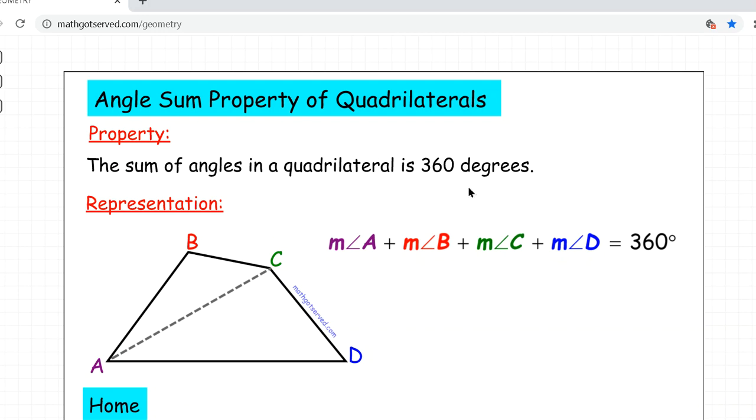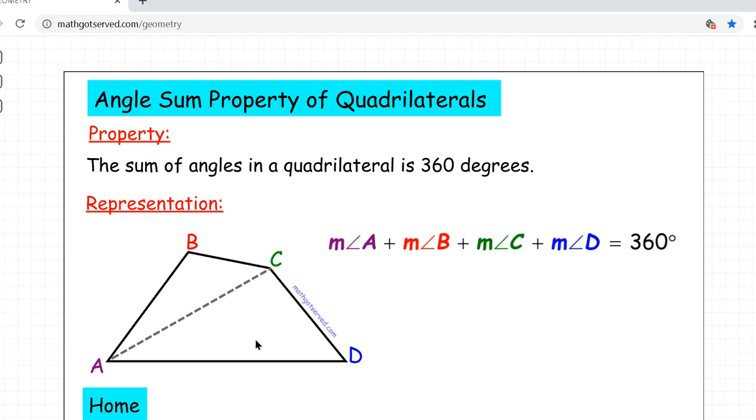So the property basically says that the sum of angles in a quadrilateral is 360 degrees, as indicated in this equation here. Measure of angle A plus B plus C plus D is 360. And if we think about it, this is connected to the triangle angle sum theorem, all right? The triangle angle sum theorem says that the sum of angles in a triangle is 180.